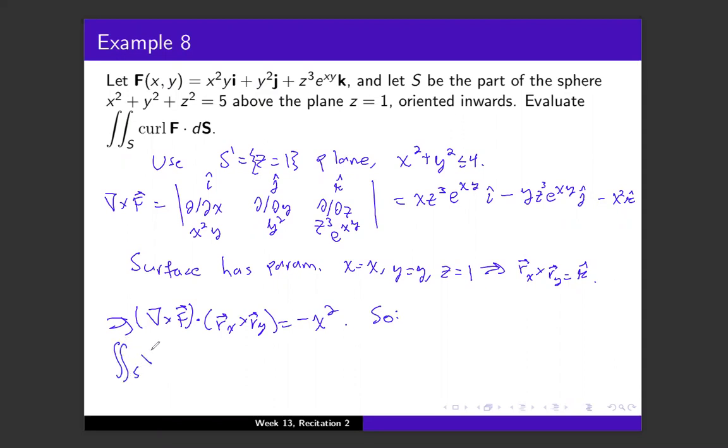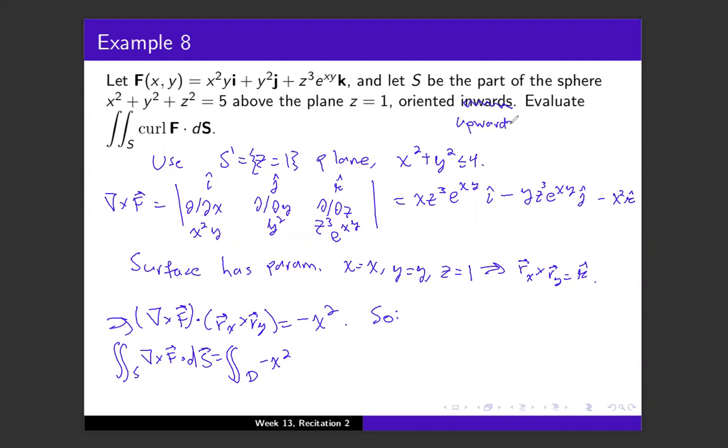So the double integral of the curl of f, that's just going to become the double integral over this respective region, negative x squared, oriented inwards. I'm sorry, that should have been oriented upwards. I forgot to change that.